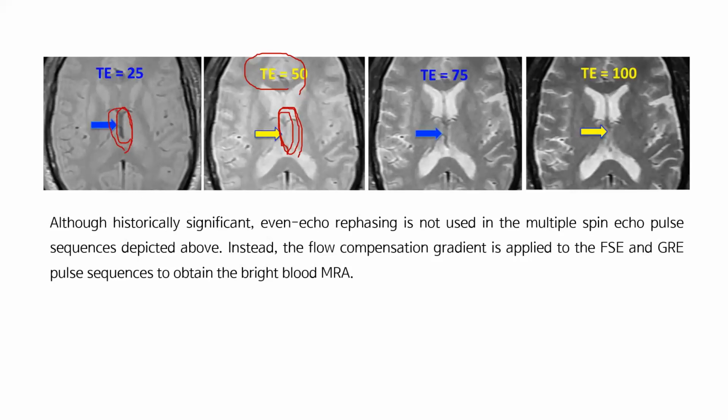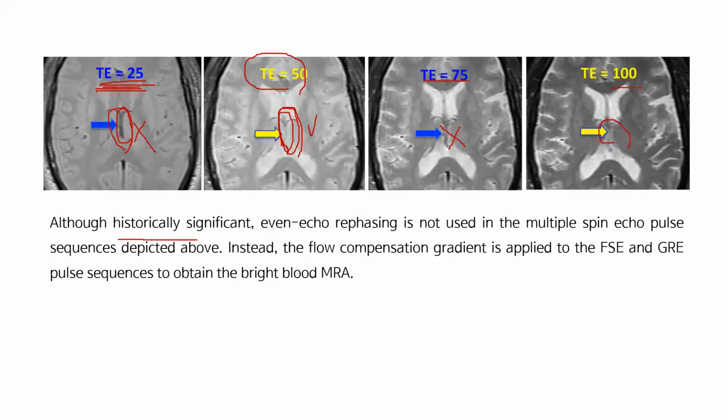So in the CSF, blood is flowing, so for odd echo signal, we don't have odd echo signal, but we can have even echo signal. This is odd echo signal, we don't have that. And here, even echo signal, we have the signal from the blood.